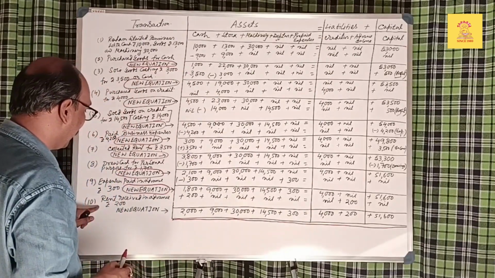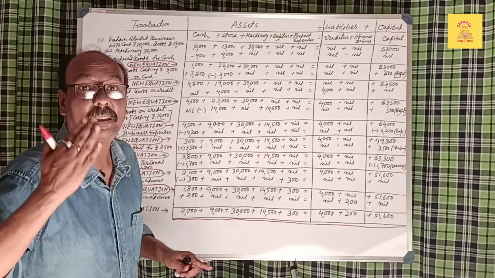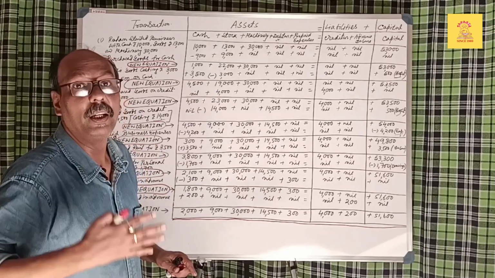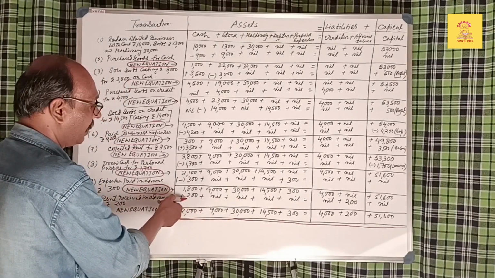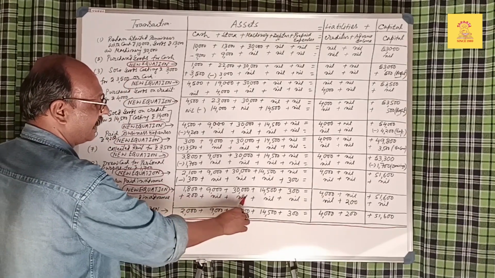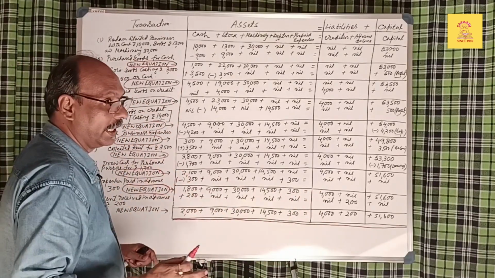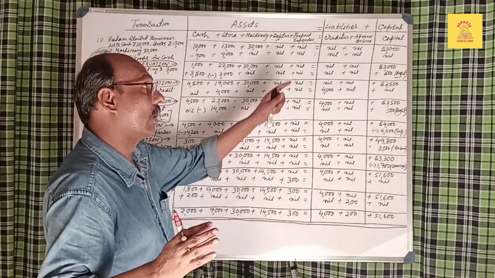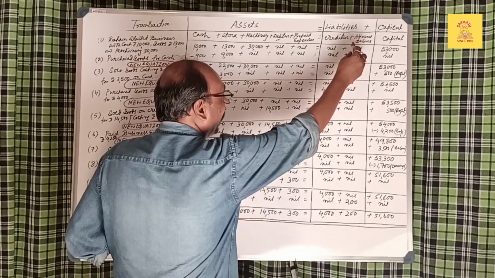The last part, rent received in advance. Whenever you have received in advance, received means cash you have received, so your cash position will increase. That's why cash position has increased by rupees 200 and other assets are nil. Anything received in advance is your liability. So received in advance, or advance income, is your liability.